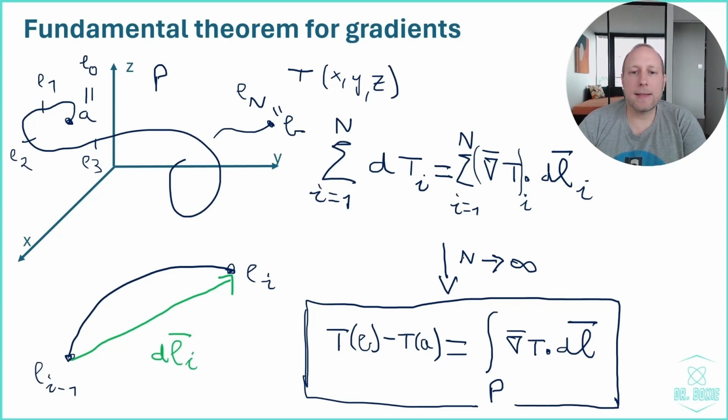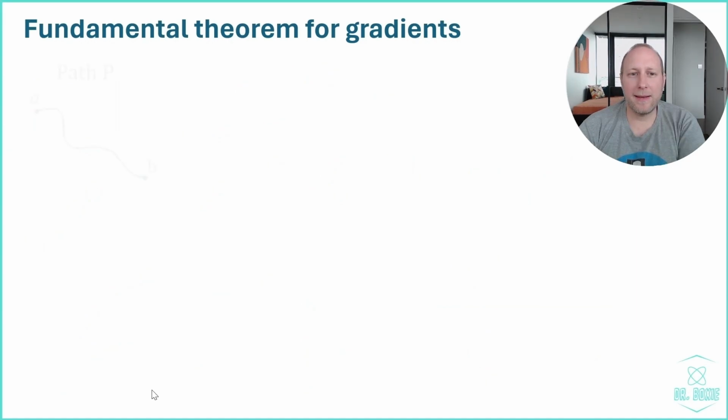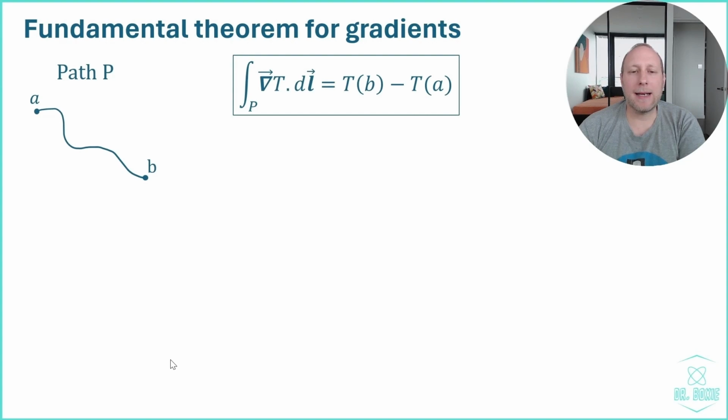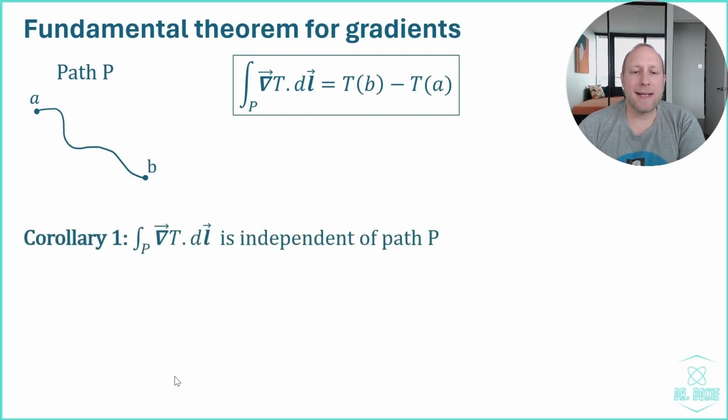So let's see a couple of consequences of this. The fundamental theorem tells us that if we take a path from A to B, the line integral of the gradient is equal to the scalar field evaluated at the endpoints and then subtracting them from each other. So one consequence, one corollary of this, is that the line integral of the gradient of a scalar field is independent of which path we take from A to B. It only depends on A and B themselves.